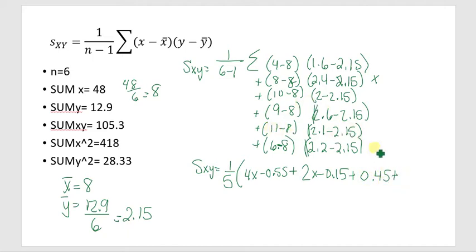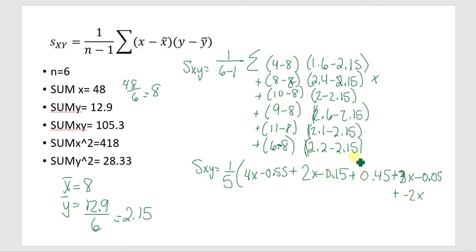Okay, 11 minus 8 is 3. Times 2.1 minus 2.15. Negative 0.05. And then I'm just going to squeeze this in here. Plus 6 minus 8, I get negative 2.